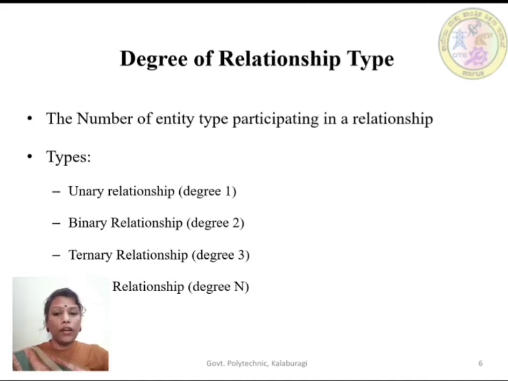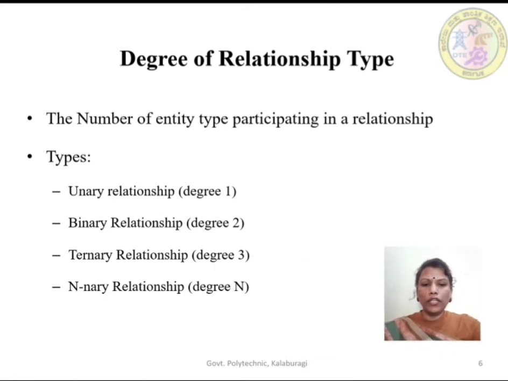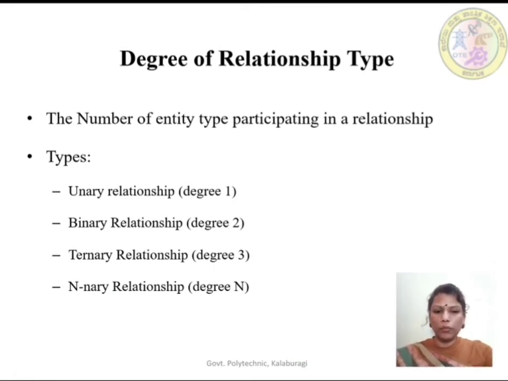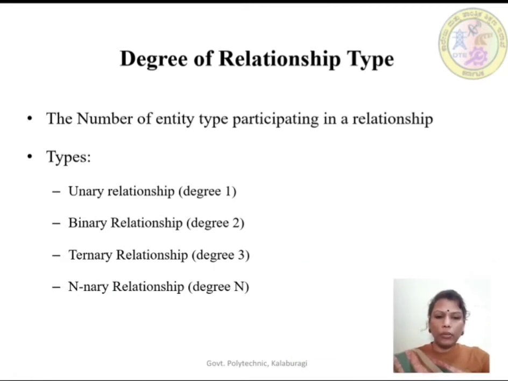Here we are counting the number of entity types participating in a relationship type. Based on the number of entity types participating, it has been divided into unary relationship, binary relationship, ternary relationship, and also n-ary relationship. Let's see one by one.